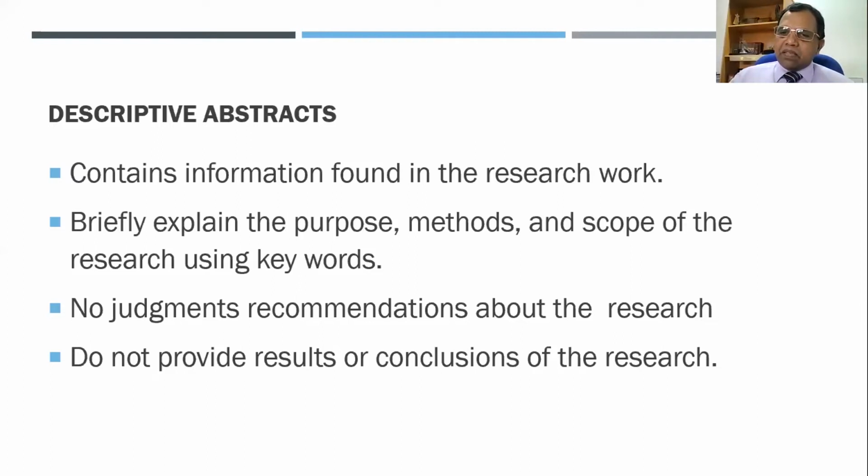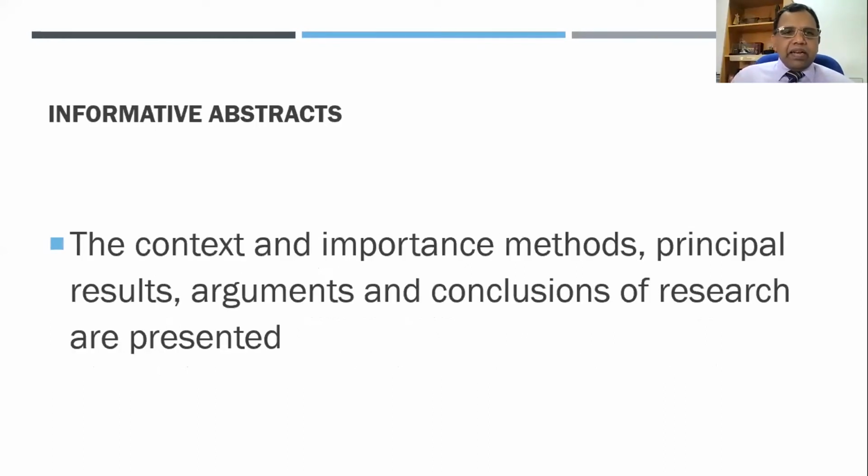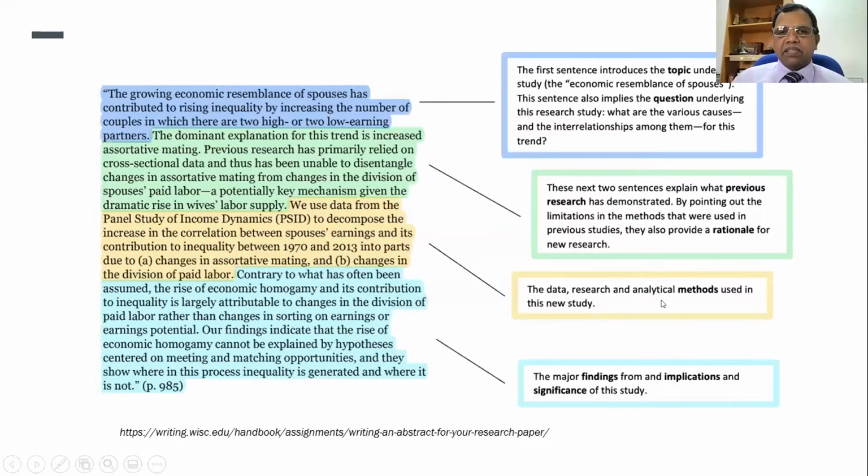But just get the idea and think out of the box, rather than thinking that I cannot write an abstract since I have not done a research. It's not true, right? And if it is an informative abstract, the context and the importance, methods, principal results, arguments, and conclusions can all be presented in those 300 words. It's simply coming to something like this. You can see in this page, in the initial part, the first sentence introduces the topic under study.